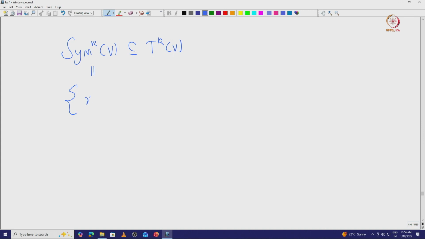Those x in T^k(V) such that when you apply sigma on x, we get x for all sigma in S_k. Since the action of S_k on T^k(V) commutes with the action of G on T^k(V), that makes Sym^k(V) G-invariant.